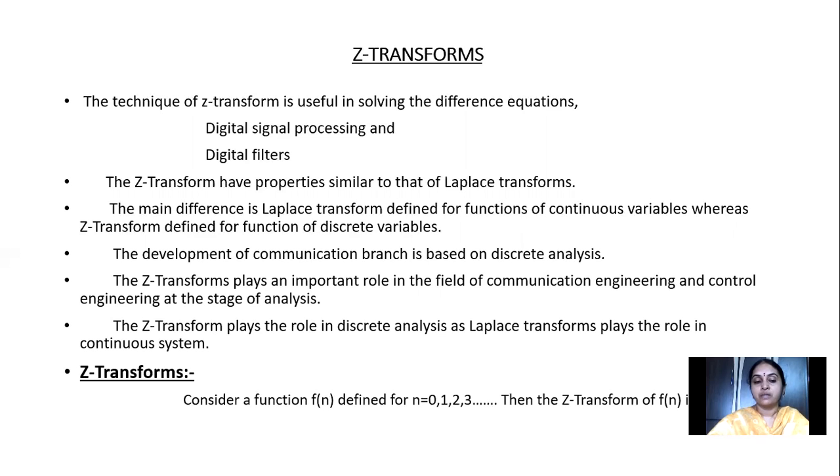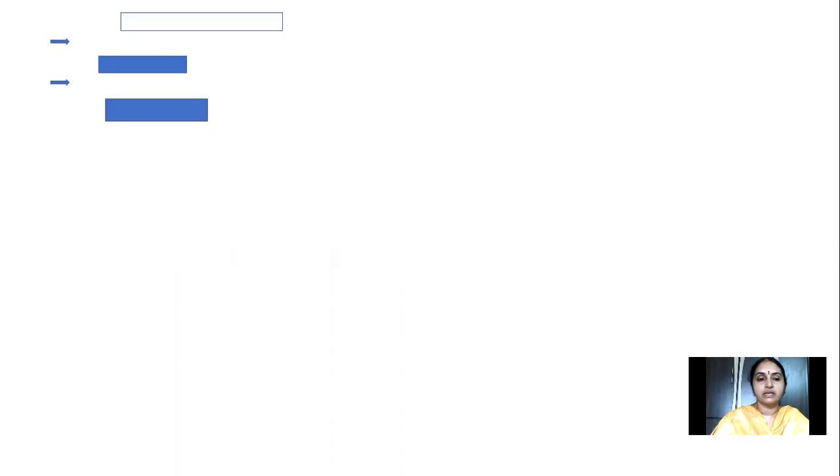Consider the function. In Laplace, we have taken f of t. Here we consider the function f of n, defined for n equal to 0, 1, 2, 3 and so on. Then the Z transform of f of n is equal to, here we use discrete summation, sigma n equal to 0 to infinity, f of n z power minus n.